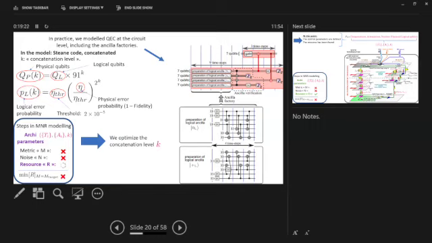If you increase the temperature of the qubit, your computation success will be worse, but you will also reduce the consumption. So if you have just one parameter like this in a billion parameters, then necessarily the bigger the success you want to have, the more energy you have to spend.